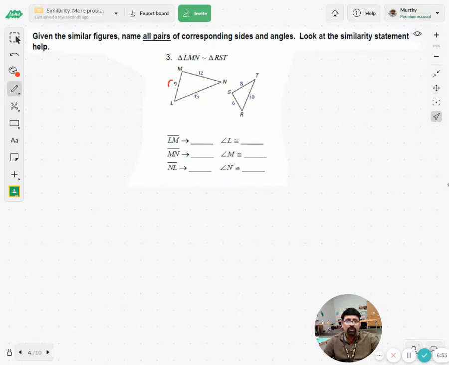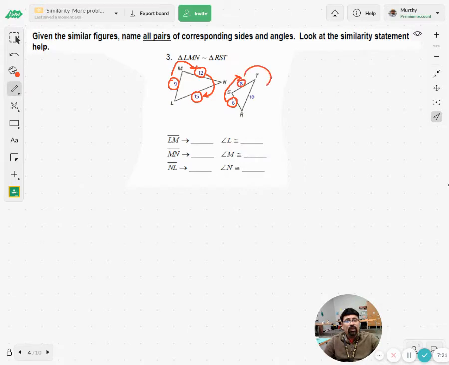Let me start with the lowest one, which is 9, and then I take the next longest side, and the longest of all. If I take this way, then in the other triangle, the smallest one is 6, then the next one is 8.